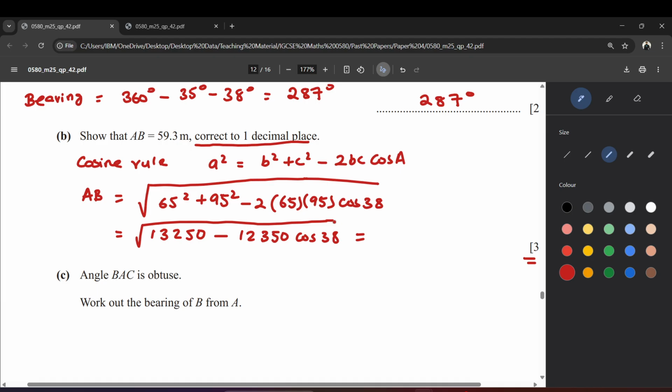Now I can say square root of 13,250 minus 12,350 cos 38 equals 59.313. Okay, that's enough. So now we can say therefore this is equal to 59.3 meters to 1 dp.